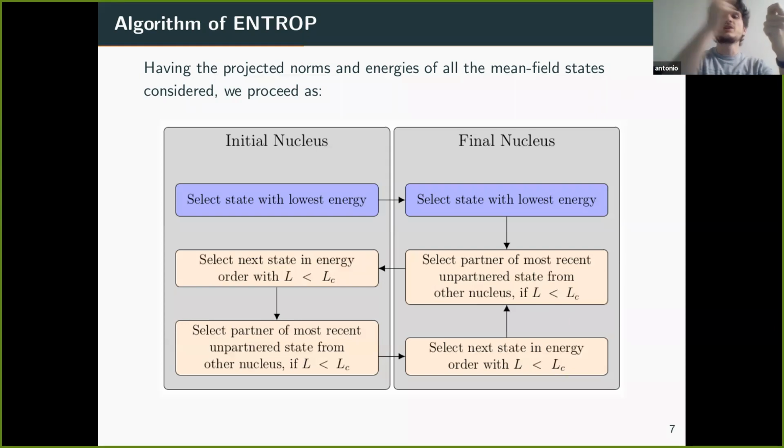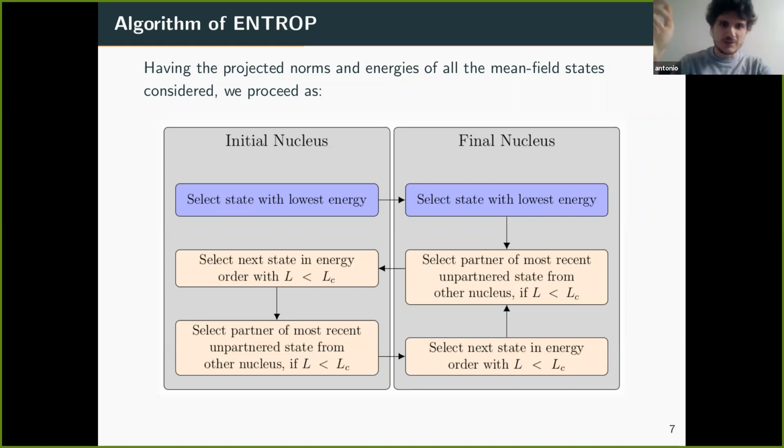And then again, we go to the initial nucleus and we consider the partner state of the state with the lowest energy in the other nucleus. And then we go in that fashion now in energy order. We take the second lowest energy state, and again, it is only included if the overlap with the two states that are already selected is smaller than the cutoff.